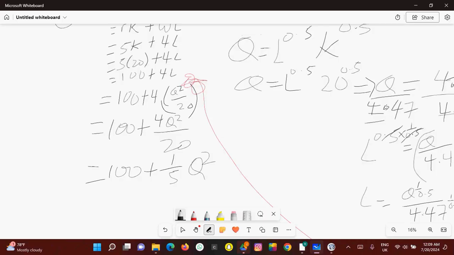Right. So now this is the total cost function, with Q in it.